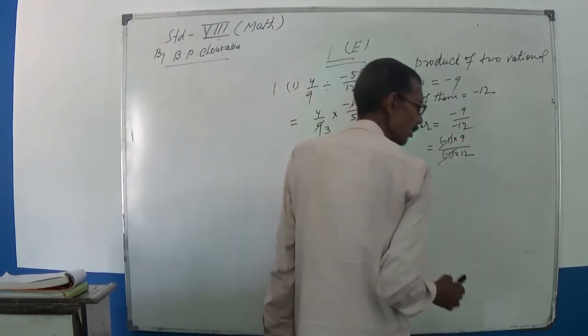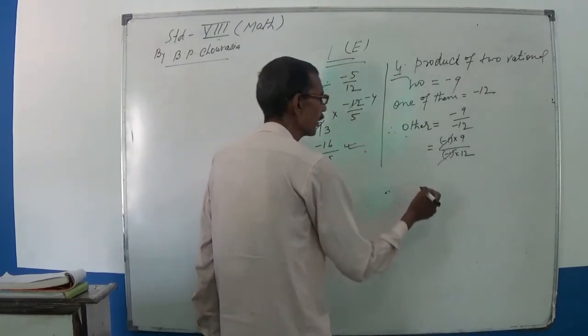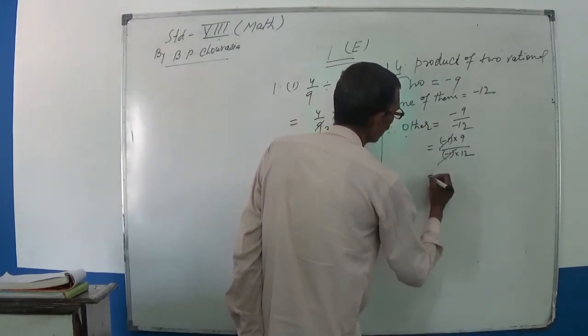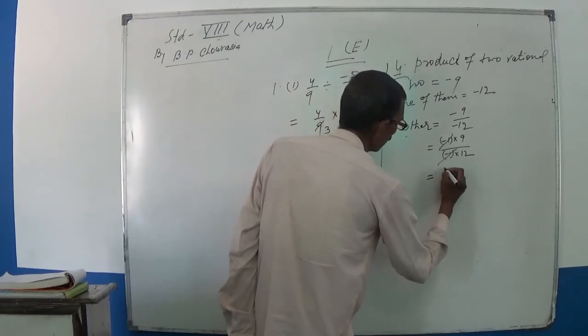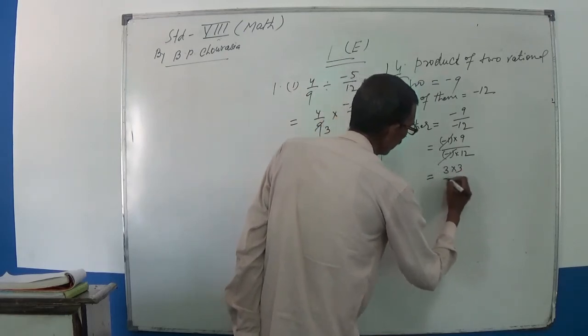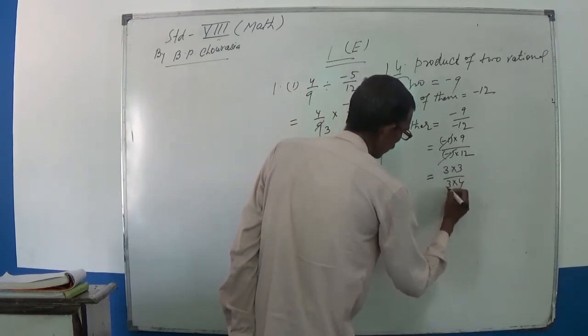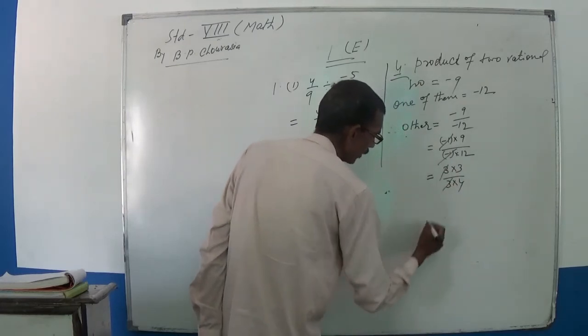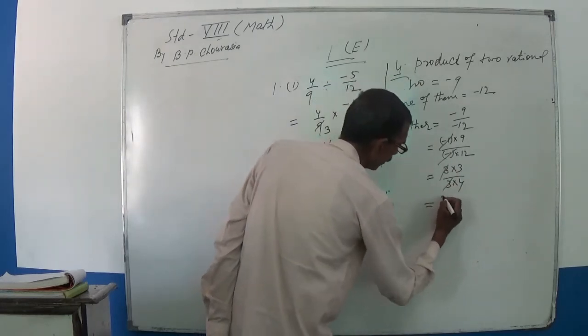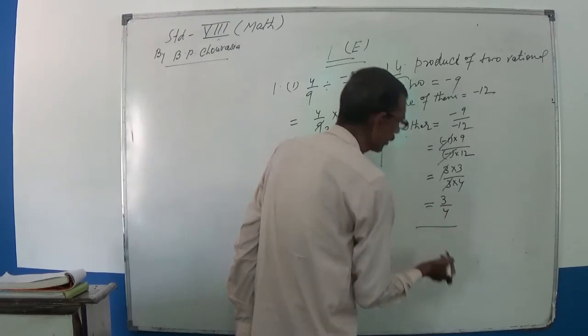This is a common factor. Now simplify this: 3 into 3, 3 into 4. This is also a common factor, so we will eliminate this, and the answer is 3 by 4.